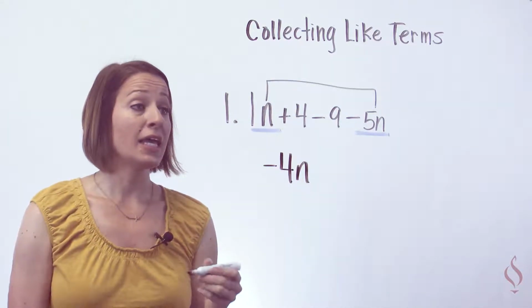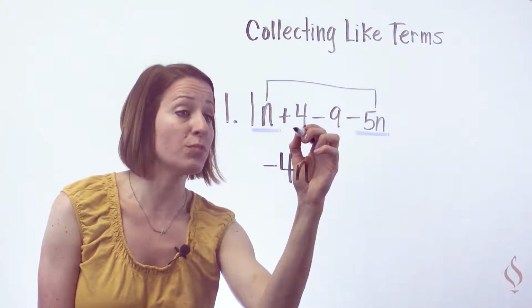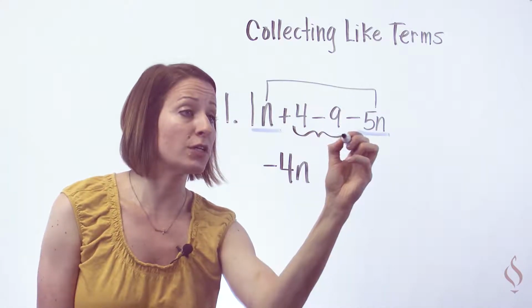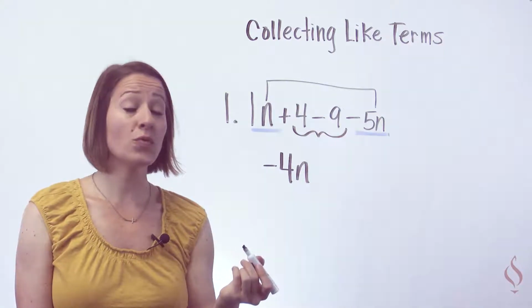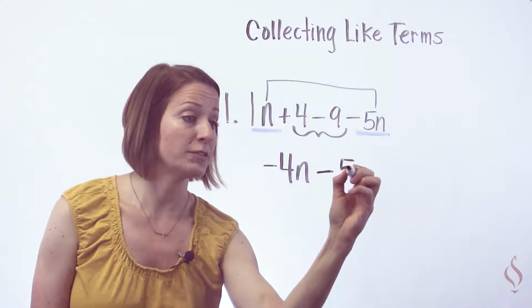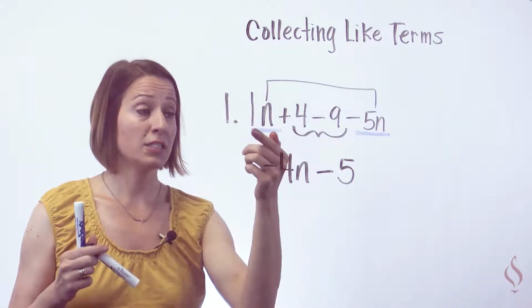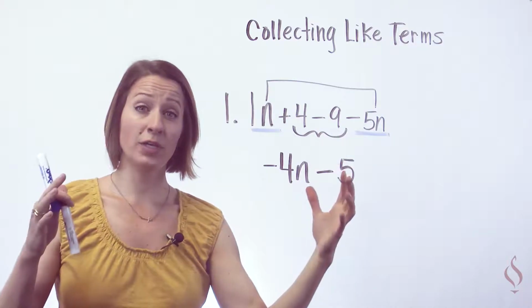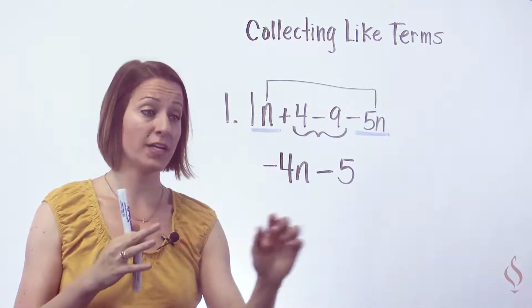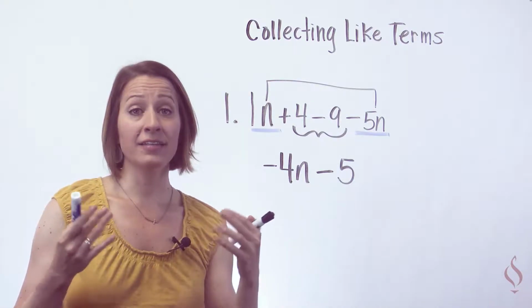Okay, and then the last two are just constants, or just numbers. They're right here in the middle, and this is 4 minus 9 is -5. So all we've done is we have just taken this larger expression and we have condensed it, we've simplified it to this smaller expression, and this problem is over.